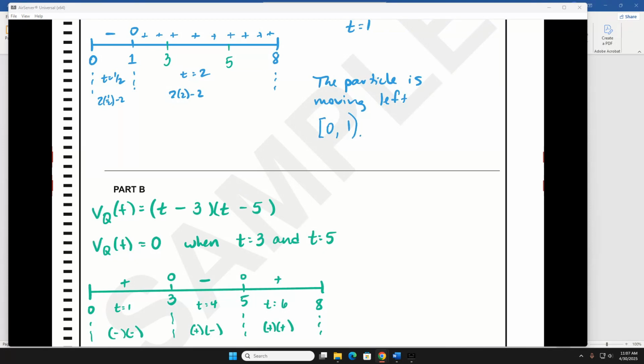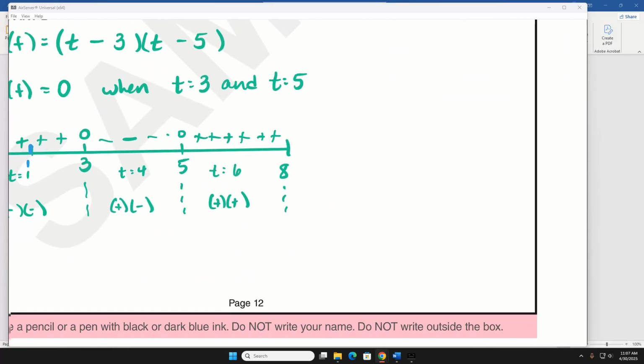So it looks to me like there are going to be 2. In this little section right here, we can put a 1 here, they're both positive. This is going to be positive all the way across, negative all the way across, positive. And then I have another little section between 5 and 8 where they both have a positive velocity. They're moving to the right. So let's write that out.